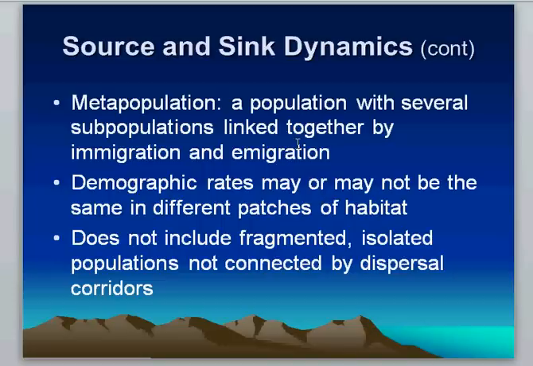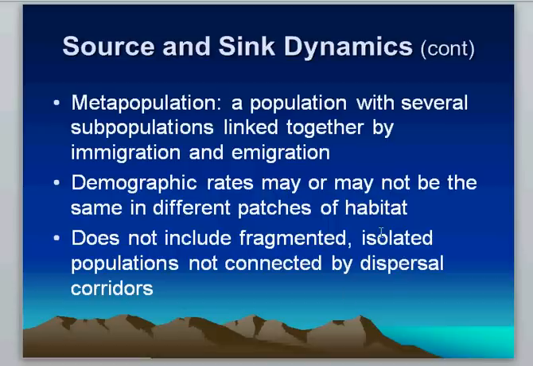They are helped by immigration, and this process is much more common in the real world than most people realize. And it does mean that it's bad to fragment the habitat, because these fragmented isolated populations, which are not connected by dispersal corridors, mean that pretty soon all the species will disappear from the sink populations.